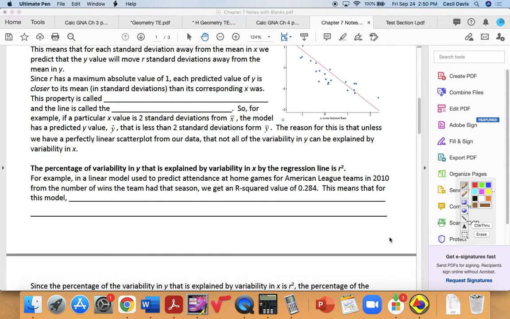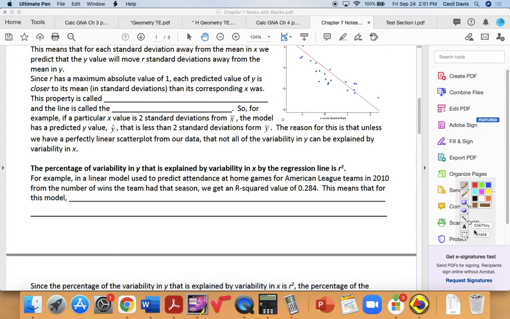The percentage of variability in y that is explained by the variability in x by the regression line is r squared. You take the correlation coefficient and square it. So, for example, in a linear model used to predict attendance at home games for American League teams in 2010, from the number of wins the team had that season, we get an r squared value of 0.284.